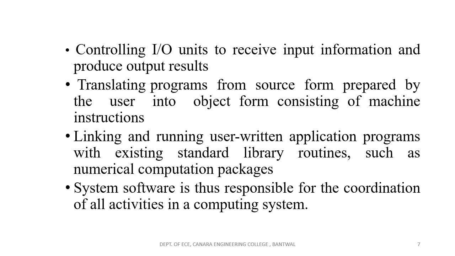Along with the previously mentioned points, we need the system software to control IO units, to receive the input information, and also to produce the output results. To perform this task, we need some background program. Along with that, we have the translating programs from the source form prepared by a user into an object form consisting of machine instruction.